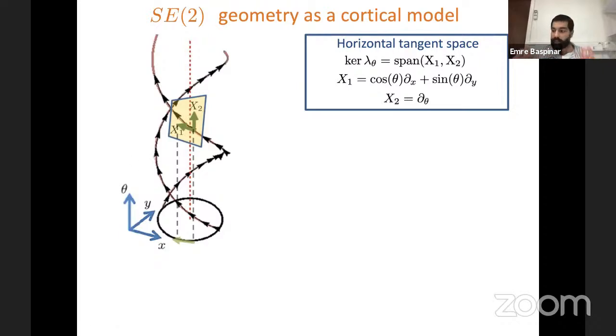And the horizontal tangent space can be thought of as the analogy of the Euclidean tangent space. In other words, in this particular geometry, we define any differential operator, say sub-Riemannian Laplacian, sub-Riemannian gradient, sub-Riemannian curvature, and so on, by using only these two horizontal vector fields.